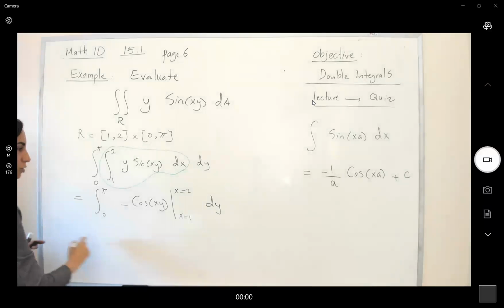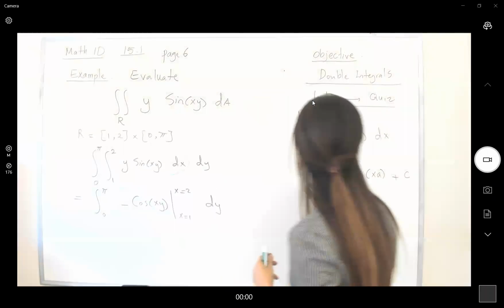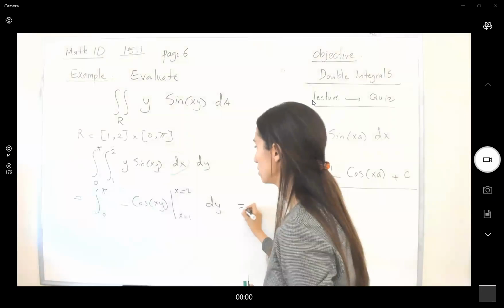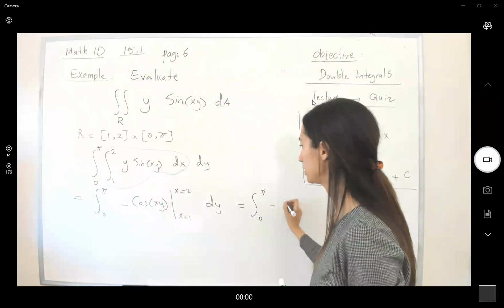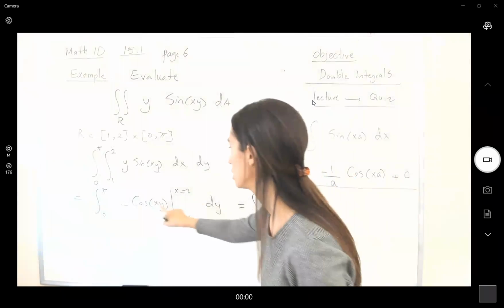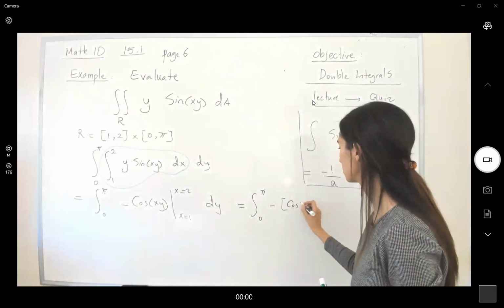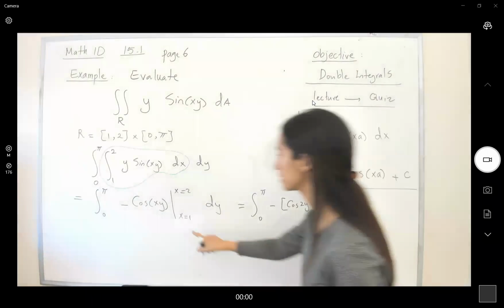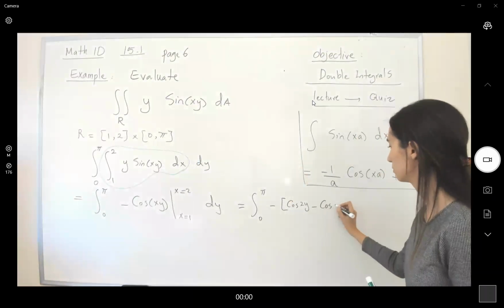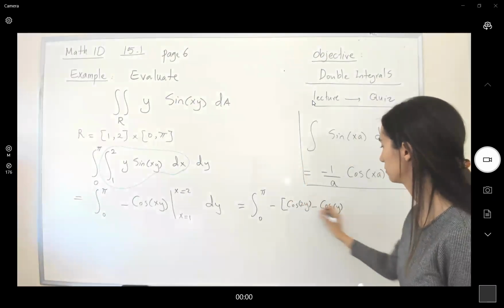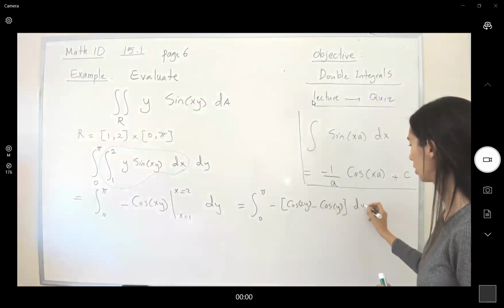Very well. So let us do the calculation here. This is equal to the integral 0 to pi of minus, so let us plug in 2 here, so cosine 2y minus, here we have cosine of y, dy.